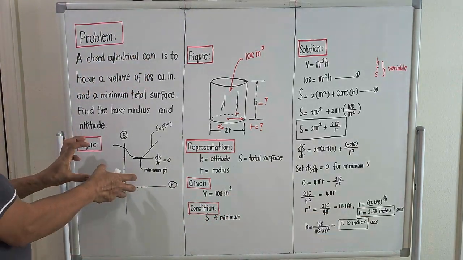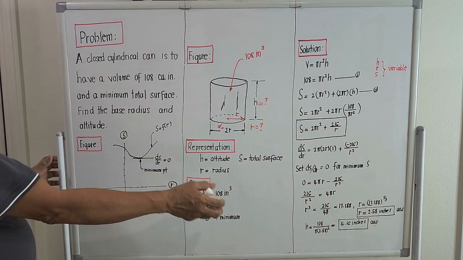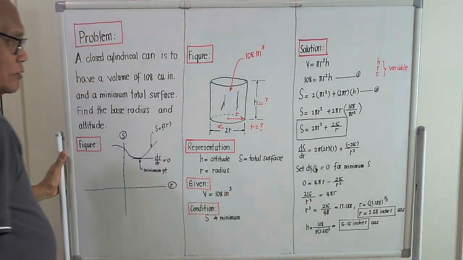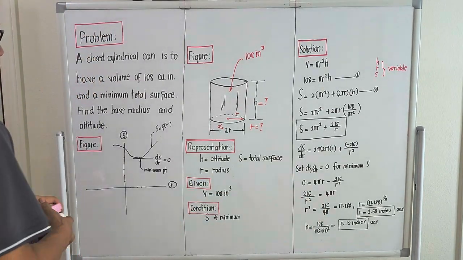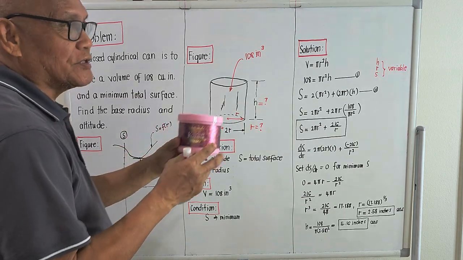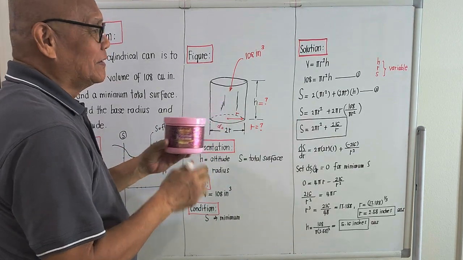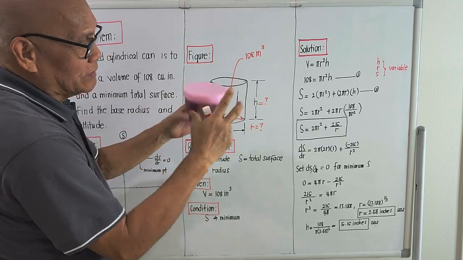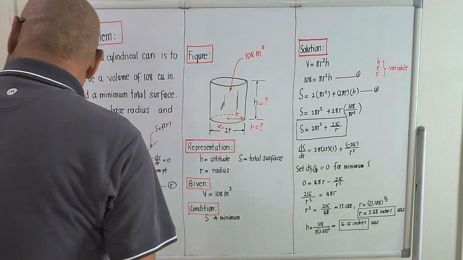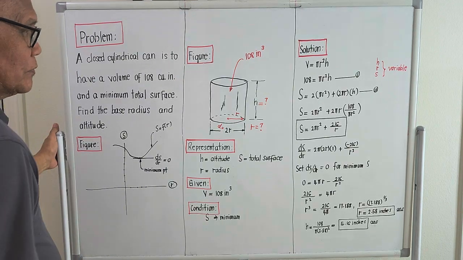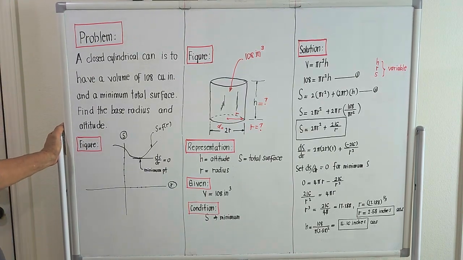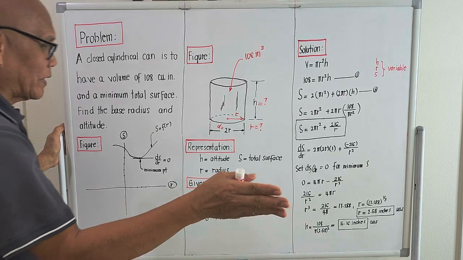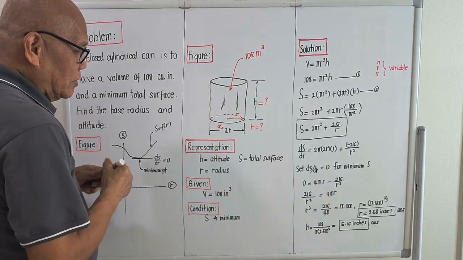This figure, I will discuss after bringing out the solution. Like I said, this will be a cylindrical can. This is not the can, it's plastic. So this is twice R, this is H. Let's bring out the solution, but we must first bring out a representation.